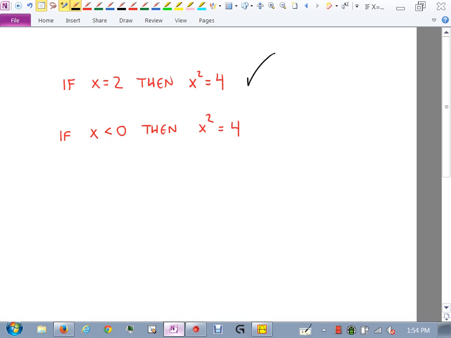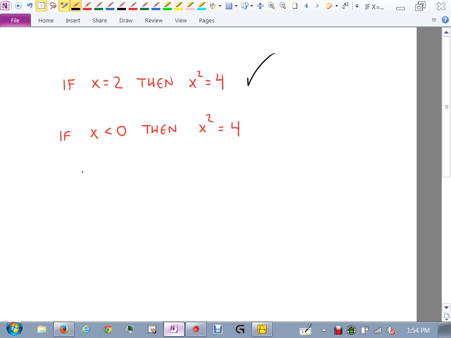Okay, so in order for me to say that this is true, it has to always hold. Which means if you come up with one example where it doesn't hold, it's not true, right? So what did you say, 3 or negative 3? It'd have to be negative though, right? So if my number is less than 0, when you square it, it has to be 4, and that makes no sense.